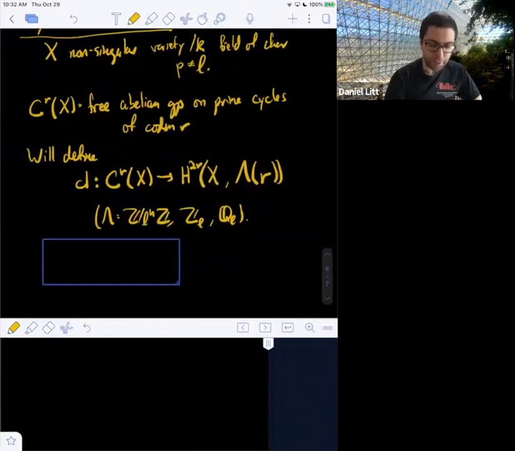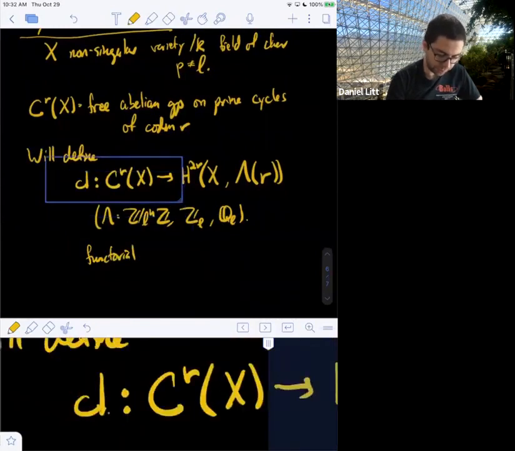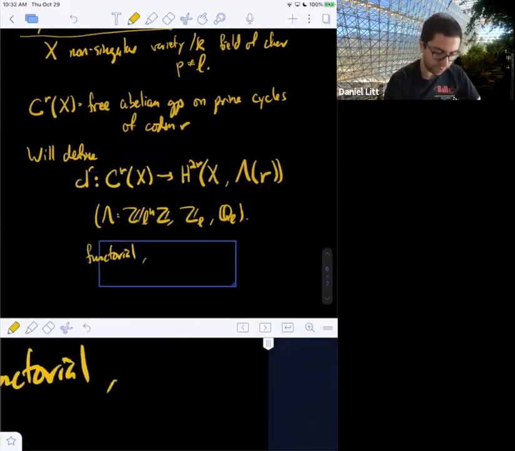This map will be functorial and satisfy other good properties. Let me call this cl^r.